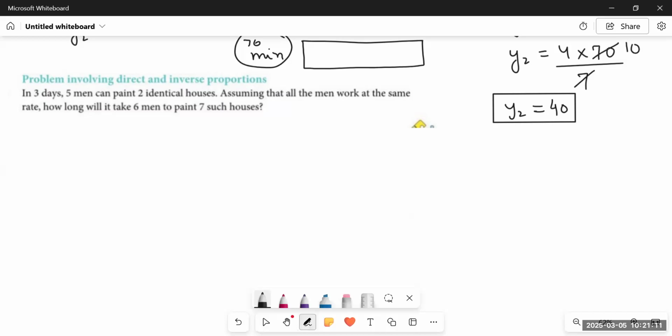First of all, let us figure out that we are provided with 3 different quantities. In 3 days, 5 men can paint 2 identical houses. 3 days. And how many men? 5 men. And they are painting 2 identical houses.